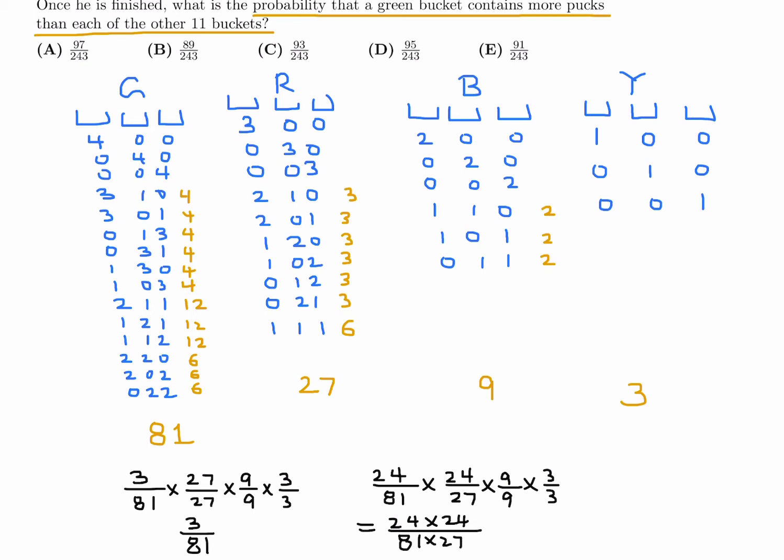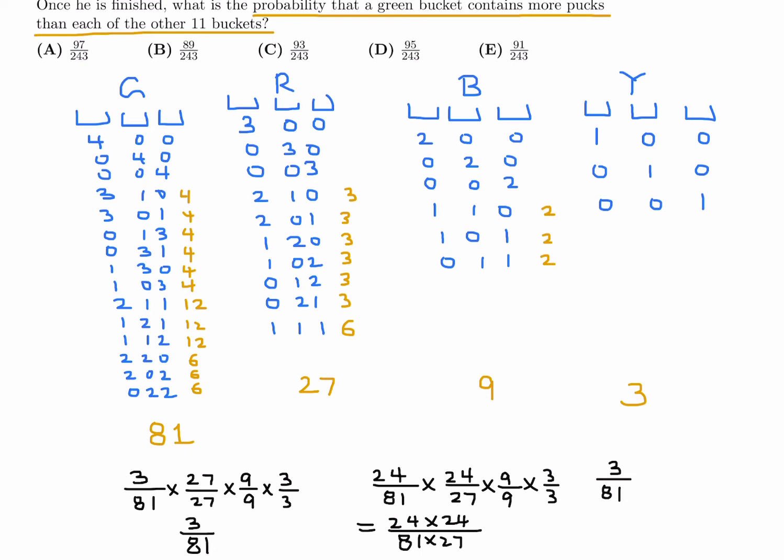Now, any other scenario? Well, let's see. These ones are not going to work because those have a tie. There's no one individual bucket that has more. So those ones won't work. But these ones I think we can work with. So if I choose those, that's 3 out of the 81. And then I've got to make sure that everything else only has 1s.